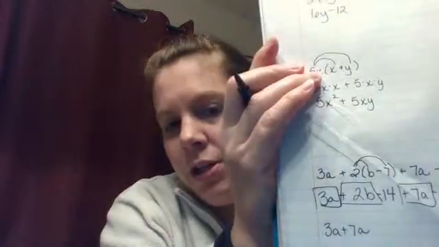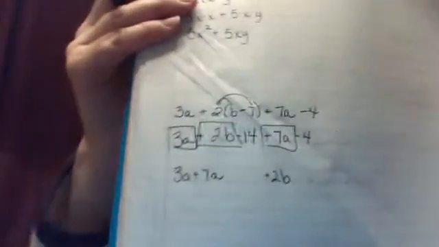I'm going to put a, I don't know, trapezoid around it. So the plus 2b, that's just going to be by itself. And I kind of wrote it with some space just so I can see, you know, these are different terms. And then finally, I have the minus 14 or negative 14 and the minus 4. And so I wrote those out by themselves.